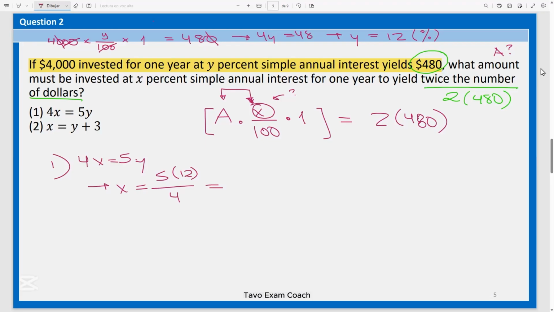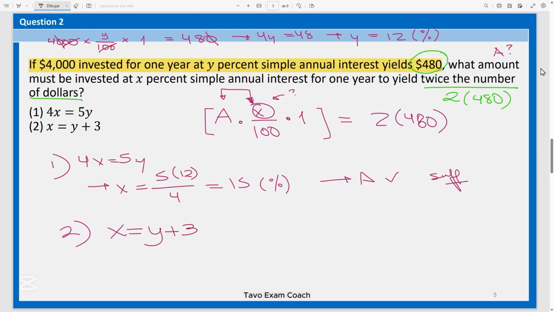In other words, 15%. So if we substitute 15 in the equation above, we can isolate the value of A. A would be a unique number, a unique amount. So statement 1 is sufficient.